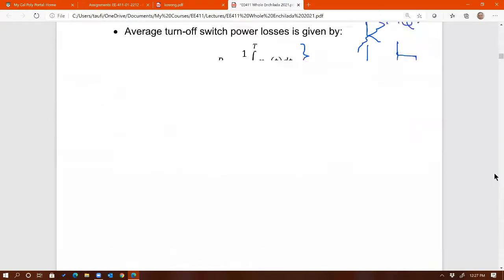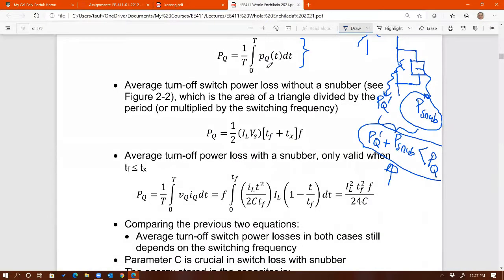The equation that I just showed you means that if you have the waveform for the instantaneous power, then this equation translates into finding graphically the area under the instantaneous power function divided by T. So that's what this integral means: finding the area under PQ of t and then dividing by T gives you the average power loss on that switch.